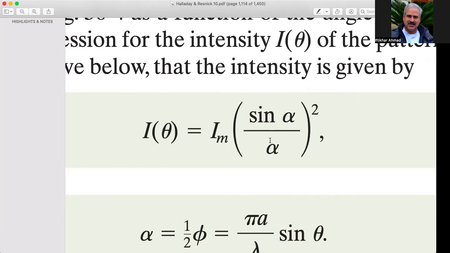And with this increase, initially at the central maxima, sine alpha divided by alpha, when alpha reaches 0, is equal to 1, and the intensity is equal to I maximum. But when alpha increases, for example, alpha is pi by 2, so this is 1 over pi by 2 squared, pi squared divided by 2 squared.